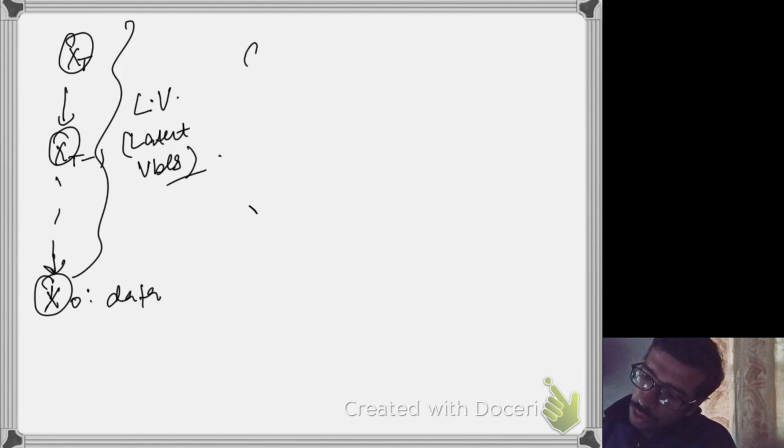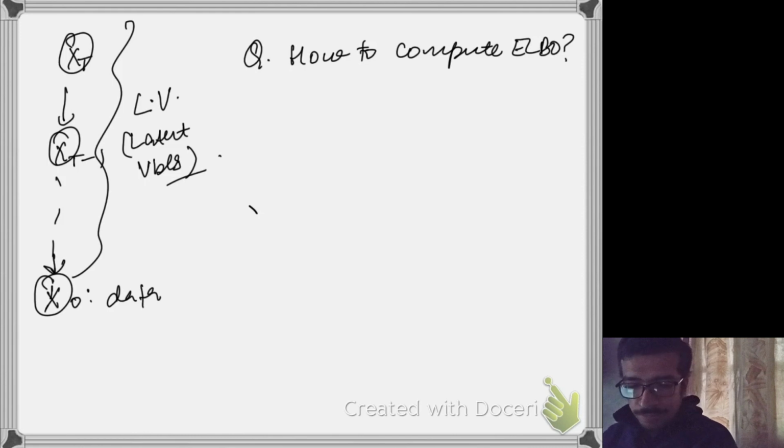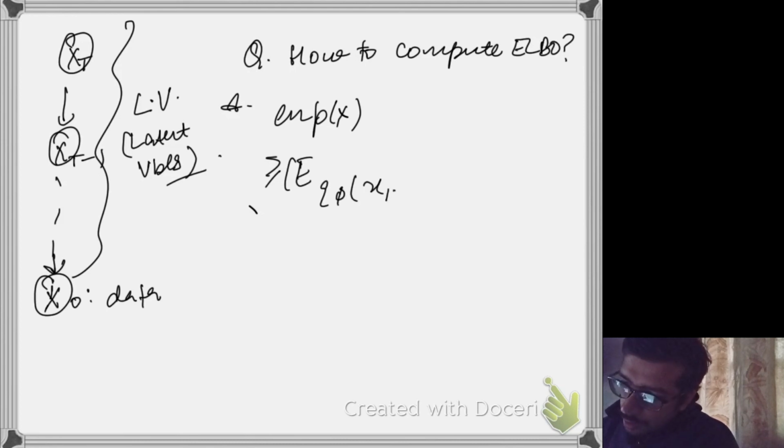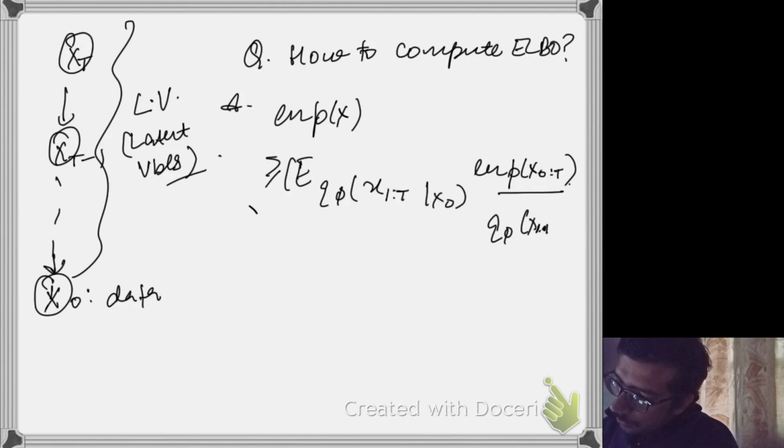So the question is how to compute this evidence lower bound. Well, let's start with the definition. We had already derived the evidence lower bound when we looked at the hierarchical variational autoencoder, and we saw that it is greater than or equal to the expectation over q_phi(x_{1:T} | x_0) of log of p(x_{0:T}) over q_phi(x_{1:T} | x_0).